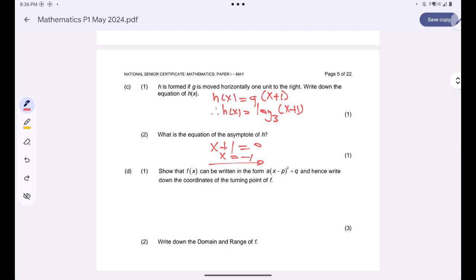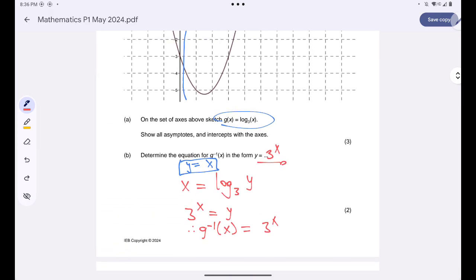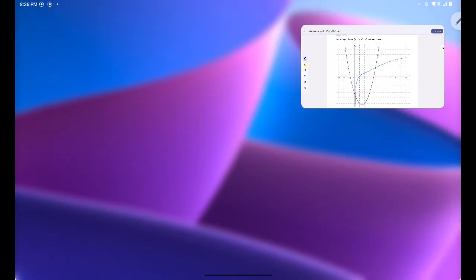Show that f of x can be written in that form, and hence write down the coordinates of the turning point. Basically, they're telling us to complete the square for the equation of f. The equation says f of x is equal to x squared minus 3x minus 3.